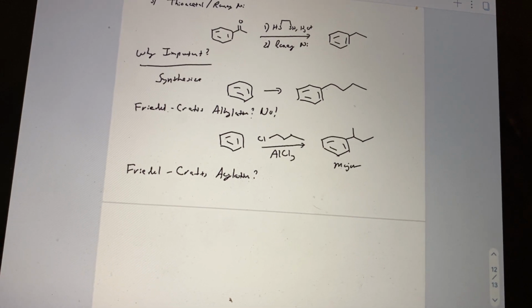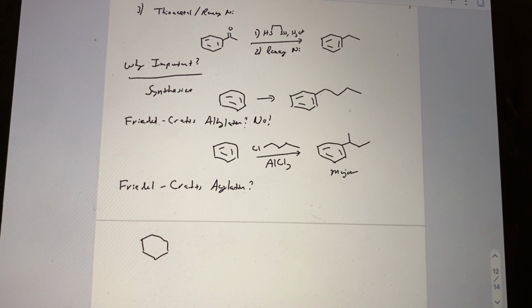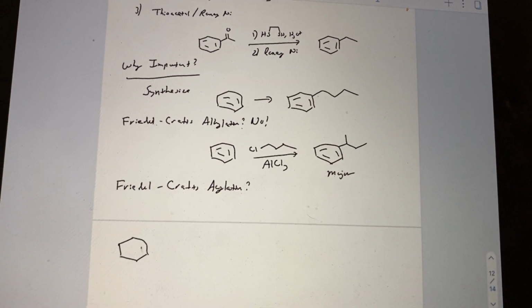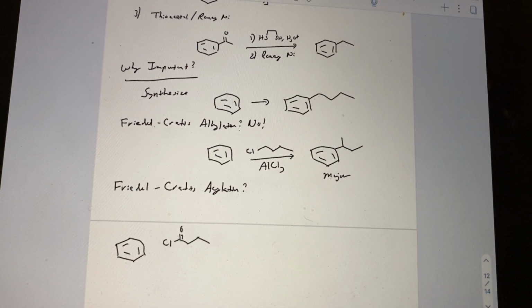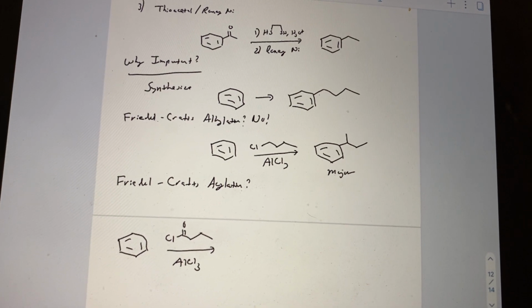Now what we could do, I'll go down here so I have a little more space, is take our benzene and treat it with an acyl chloride. So 4 carbons, again, AlCl3.